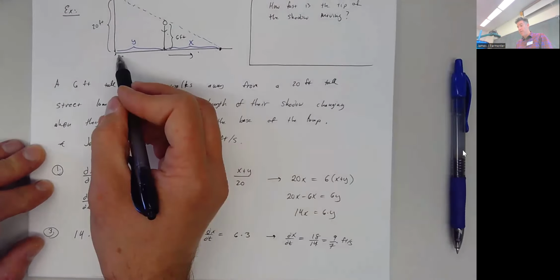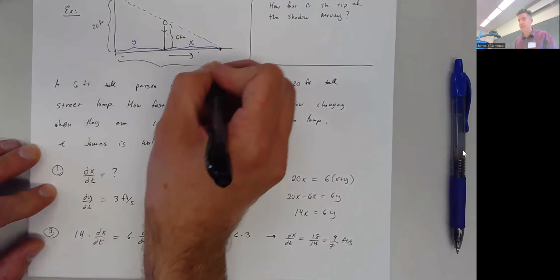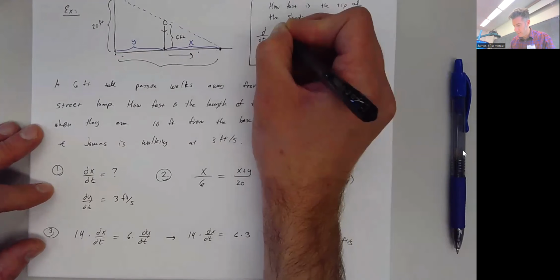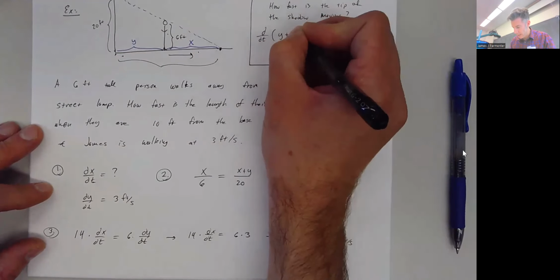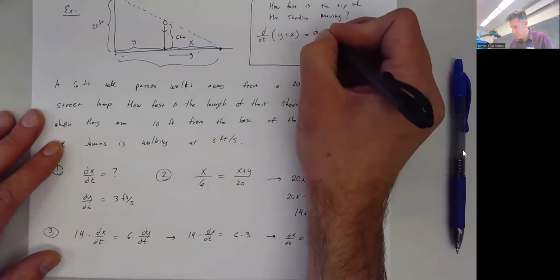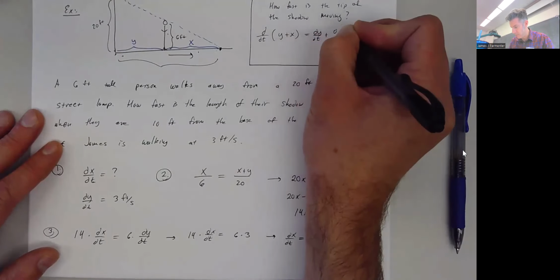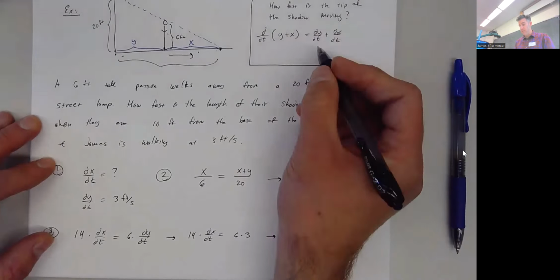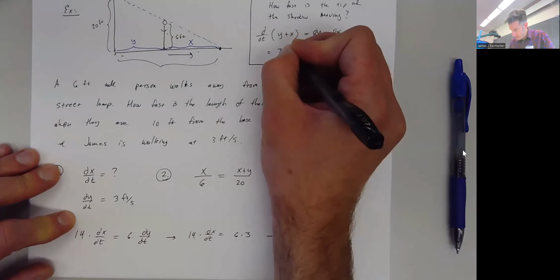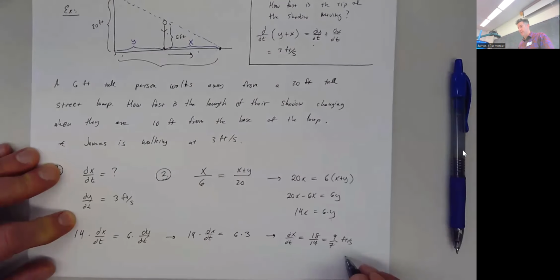We're just trying to ask how fast is this length increasing? So what's the derivative of y plus x? Well, that's not hard. That's the derivative of y plus the derivative of x. But the derivative of y, we were told was 3 feet per second. And the derivative of x, we just found out was 9/7 of a foot per second.